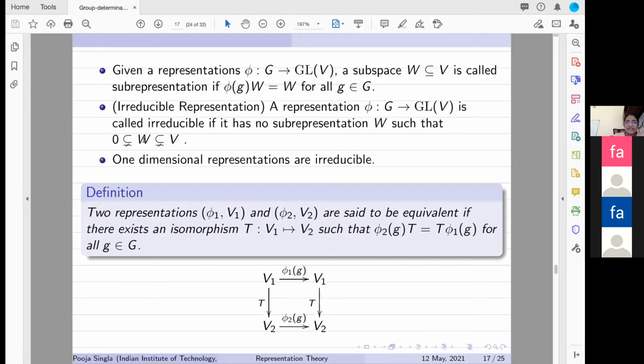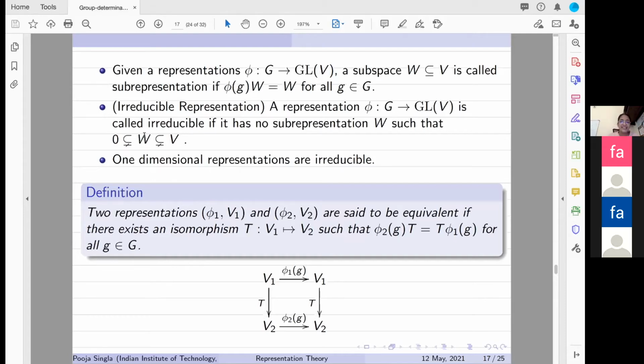What I mean is there does not exist a W which is not equal to 0, not equal to V, and is a subrepresentation. That doesn't happen. So any subrepresentation of V has to be only 0 or V. Then I say V is an irreducible representation.